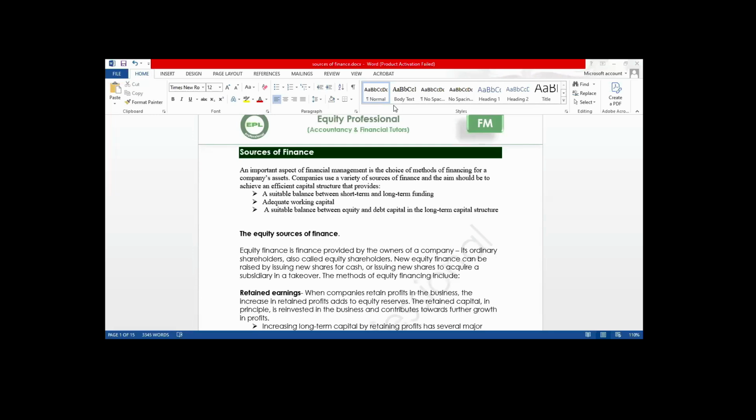One is the capital structure should provide a suitable balance between long-term and short-term finance. You must balance your finance between long-term financing and short-term financing.